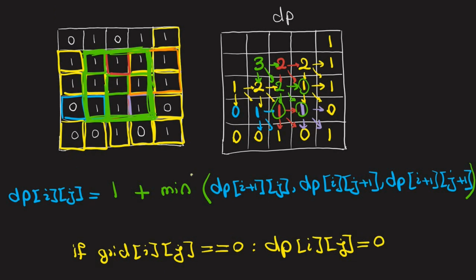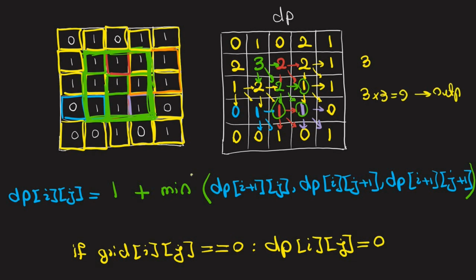So right is 3, diagonal is 2, down is 1, 1 plus 1, 2. I can have 2 here. This one, 1, 1, 2, minimum is 1, plus 1 is 2. For the next one is 0, we just return 0. For this one is 1, minimum of 0, 2, 3 is 0, plus 1 is 1. And the last one is 0. So we found 3 as our maximum, and we return 3 by 3 equals 9 as our output.